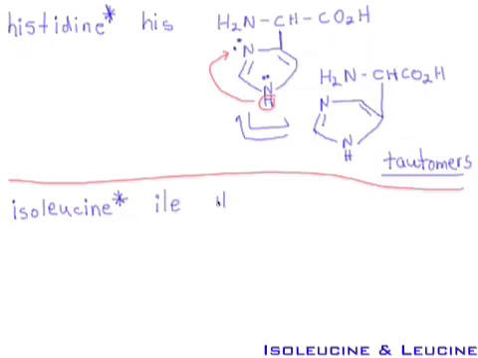And if we draw structures, H2N, isoleucine has an alkyl group attached to it. Can you give me a common name for this alkyl group? What is this alkyl group called? It's a sec-butyl. The R group is a sec-butyl group.